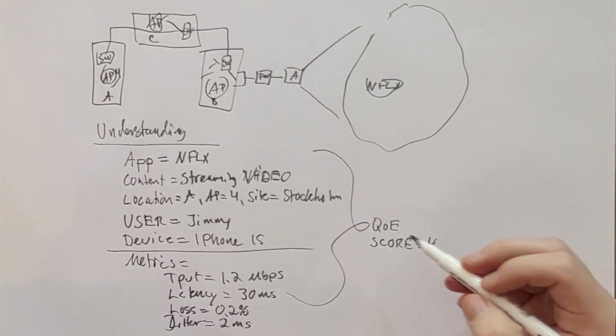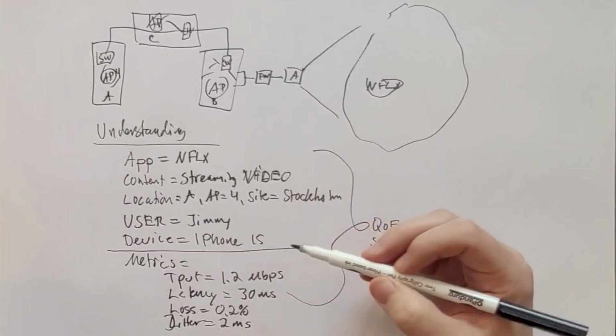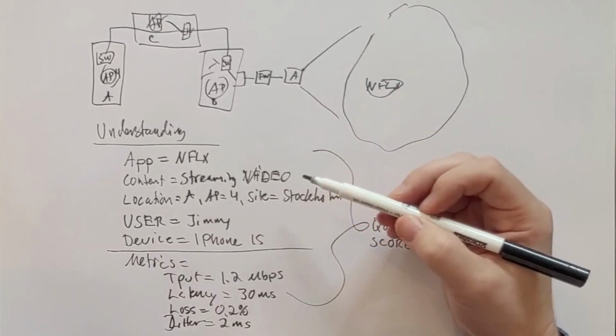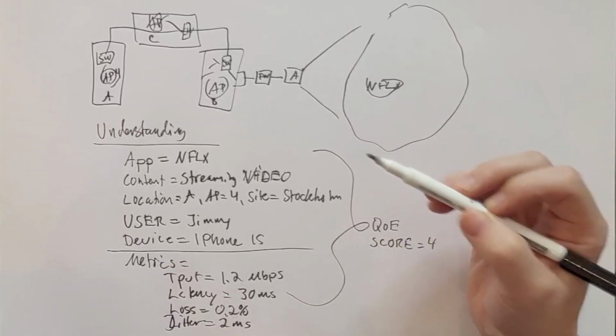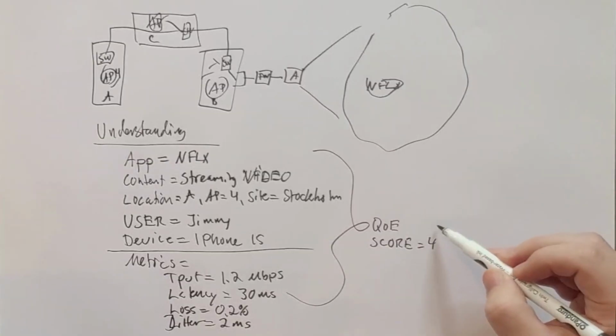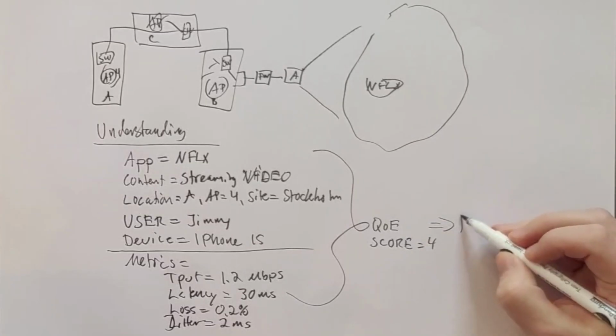Now, if you do this for all sessions, for all users, for all apps over time, you will get an understanding of where is my network poor, for what users, for what apps, in what locations, on what access points, and at what times. And then you can make decisions.